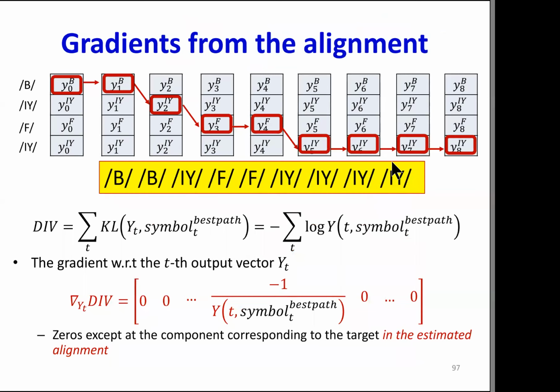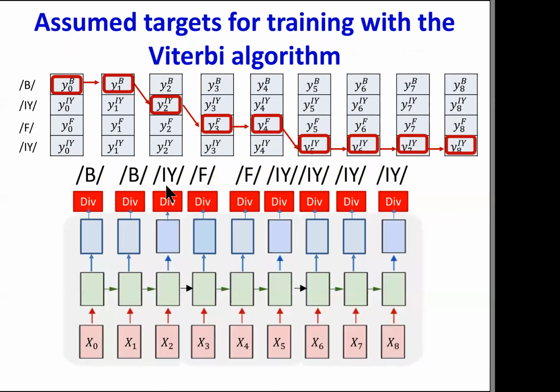Once you have the new alignment, you're going to be computing the Kullback-Leibler divergence between this alignment and the actual output of the network, which is going to be the sum of the divergences at the individual times. And what do we know about the KL divergence between the target output and the actual output of the network?